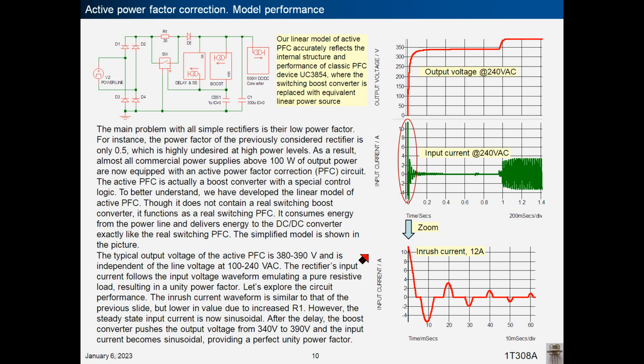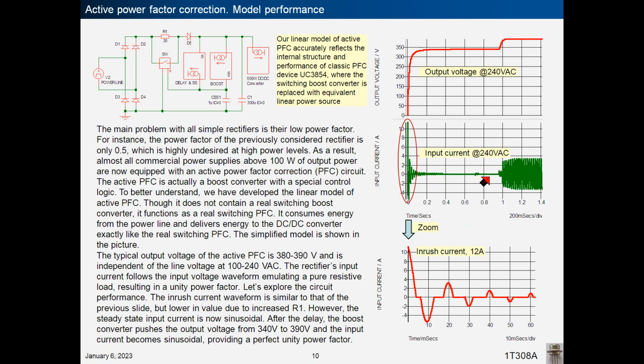Let's explore the circuit performance. The inrush current waveform is similar to that of the previous slide, but lower in value due to increased R1. However, the steady-state input current is now sinusoidal.